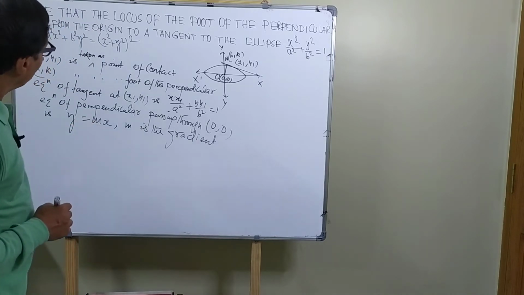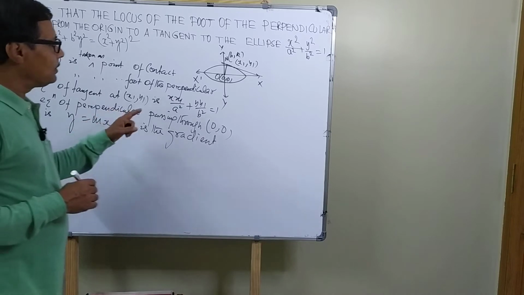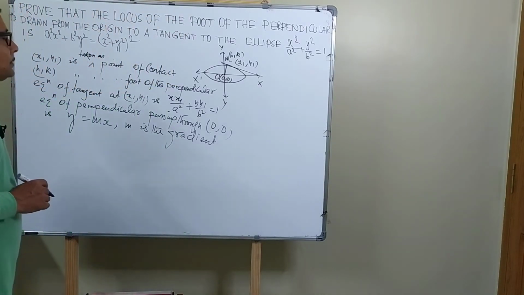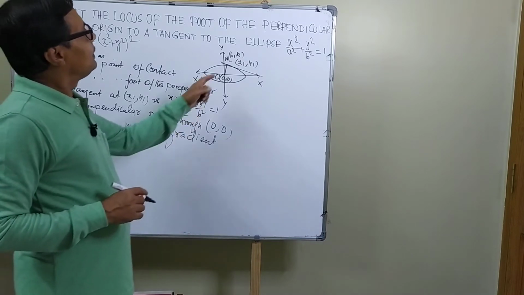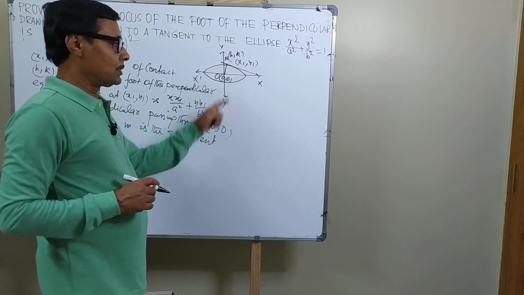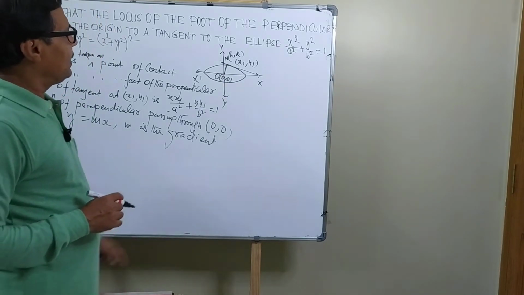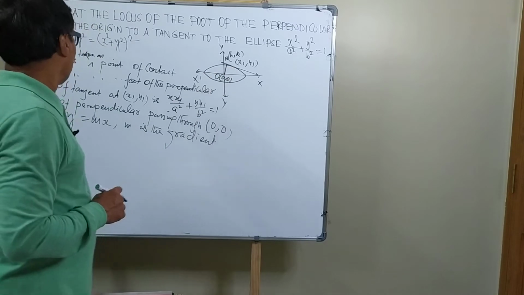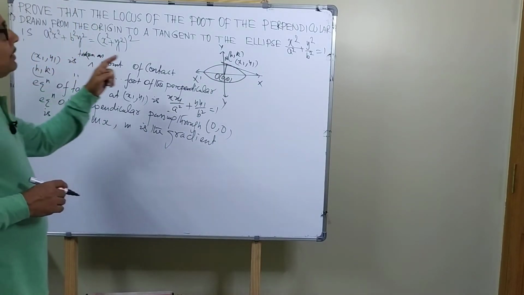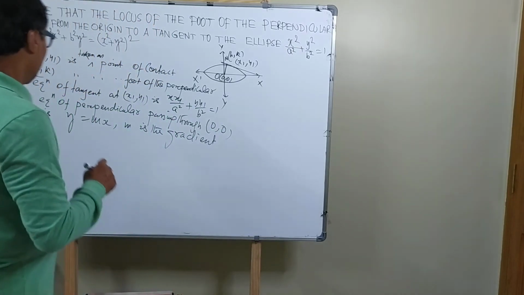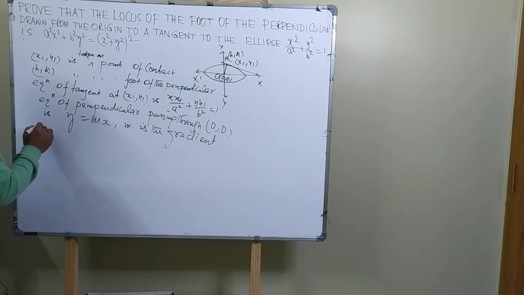Now we have to determine the gradient of this perpendicular to this tangent. At first we shall find the gradient of the tangent at x1 y1. To find the gradient of the tangent at x1 y1, we have to differentiate the equation of ellipse with respect to x. Equation of ellipse is given as this.